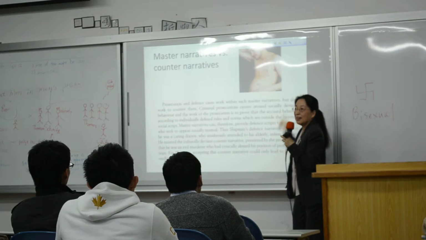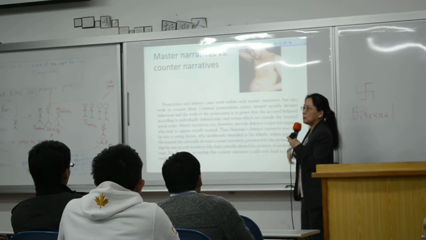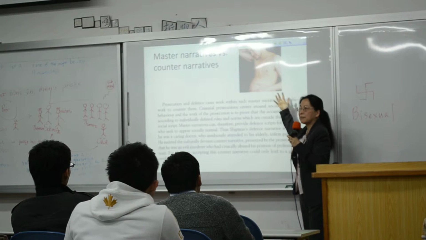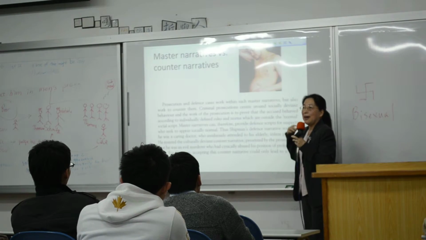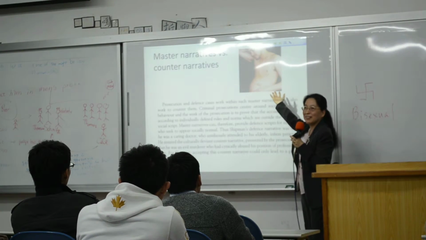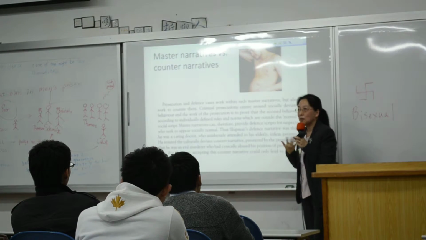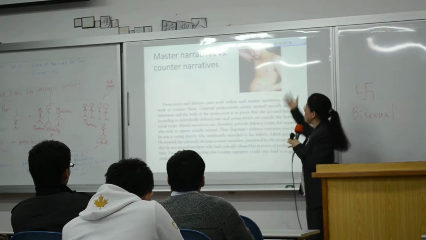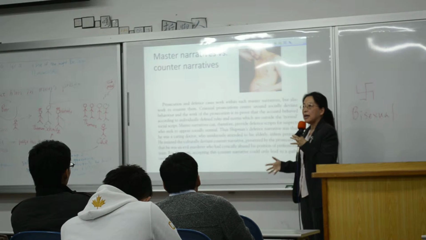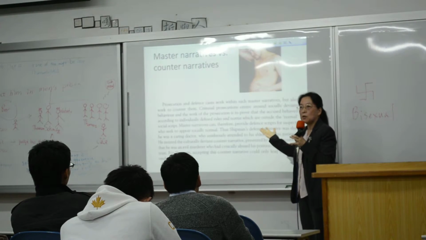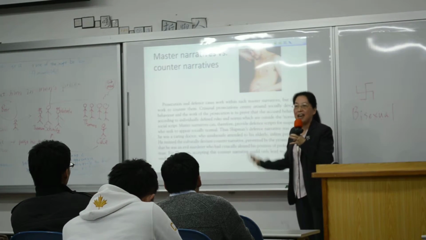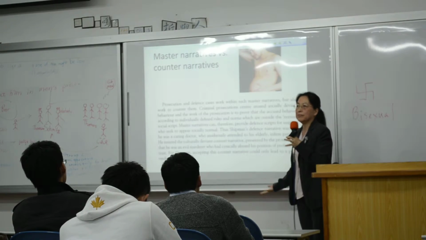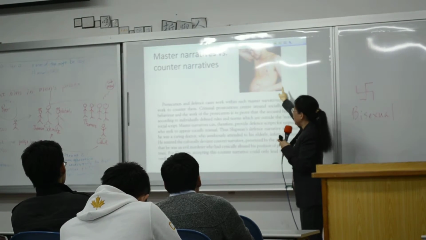Okay? So now if this person committed some kind of crime, how do we picture her? Do you know what I'm saying? How do we picture a person like this? Is she normal or is she deviant? Is she abnormal? All right?